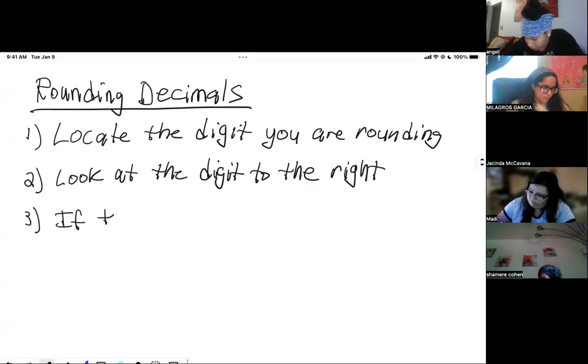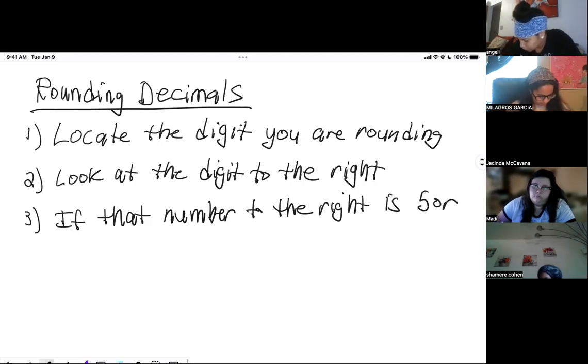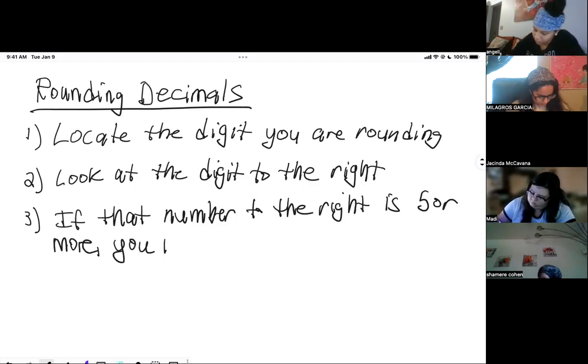If that number to the right is 5 or more, you round up.